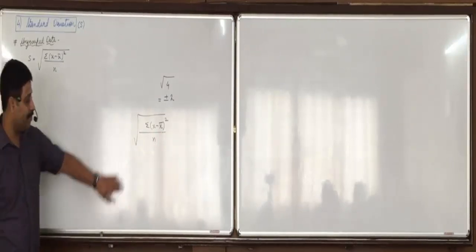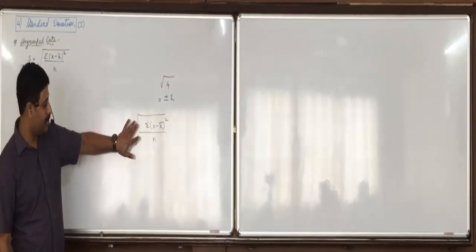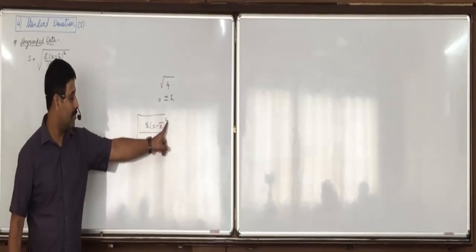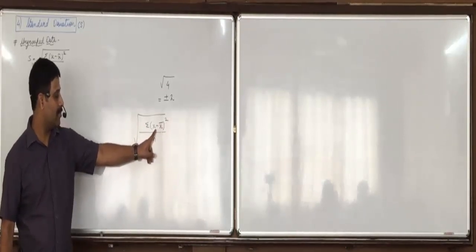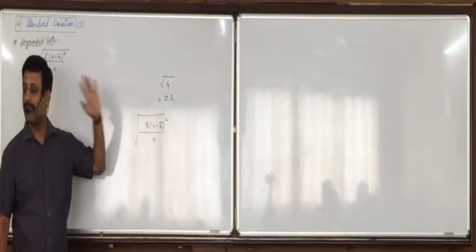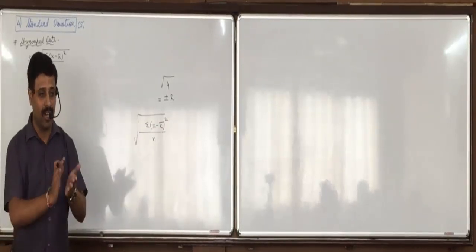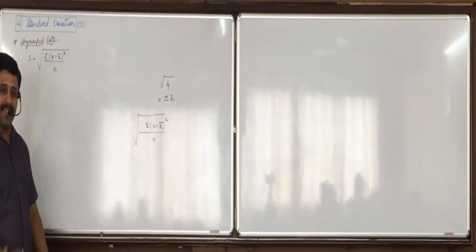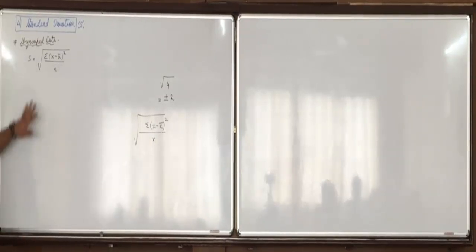Try one more time. Positive square root of average of squares of deviations of all the observations from arithmetic mean. Is everyone clear with this? So remember the formula and from that directly you get the definition. Anyone who is not clear with this?